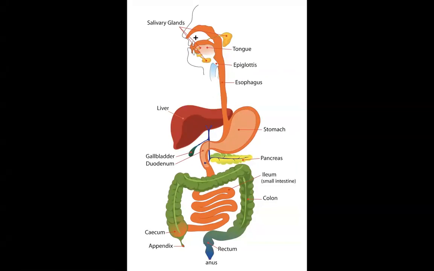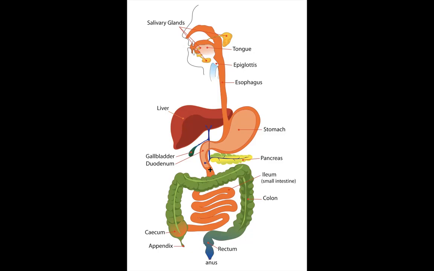Okay guys, just now we studied the mouth, esophagus and stomach. Then the food from the stomach goes to the duodenum. So the duodenum is the first part of the small intestine.